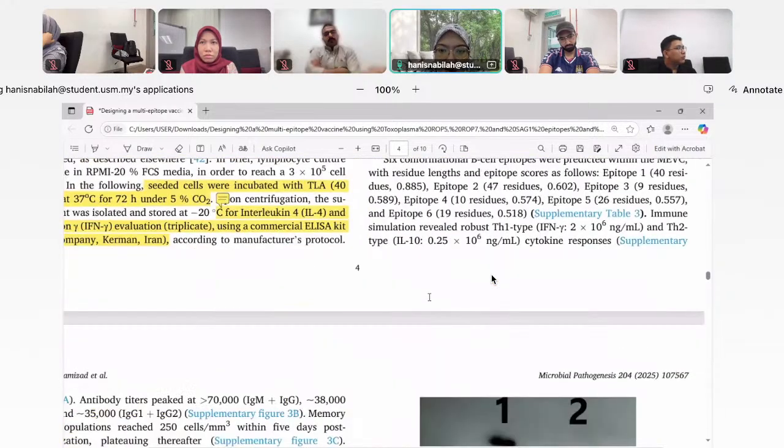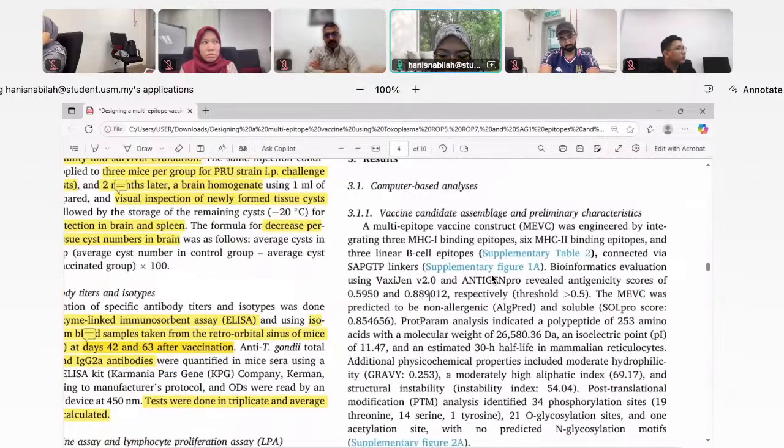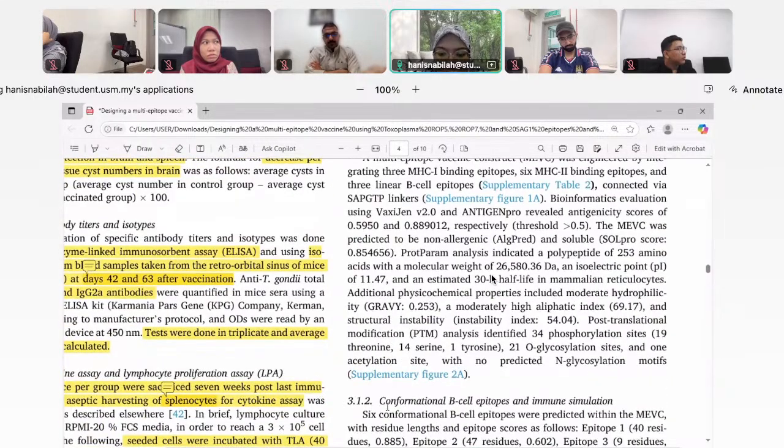For the result, in this multi-epitope vaccine, they use 12 peptides. 3 from B cells, 3 from MHC class 1, and 6 from MHC class 2.